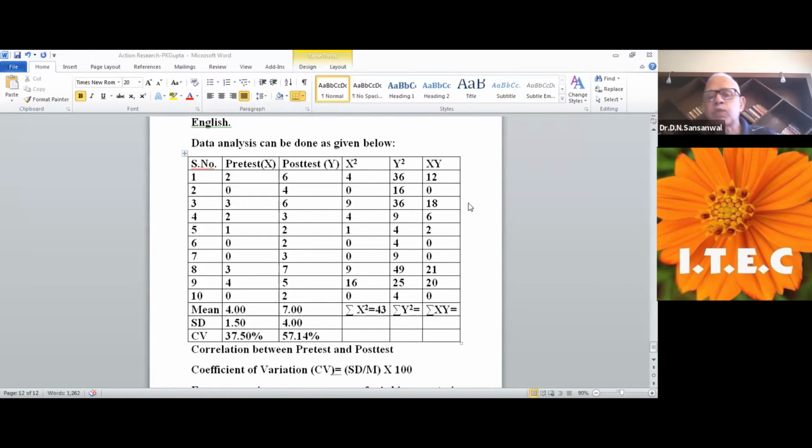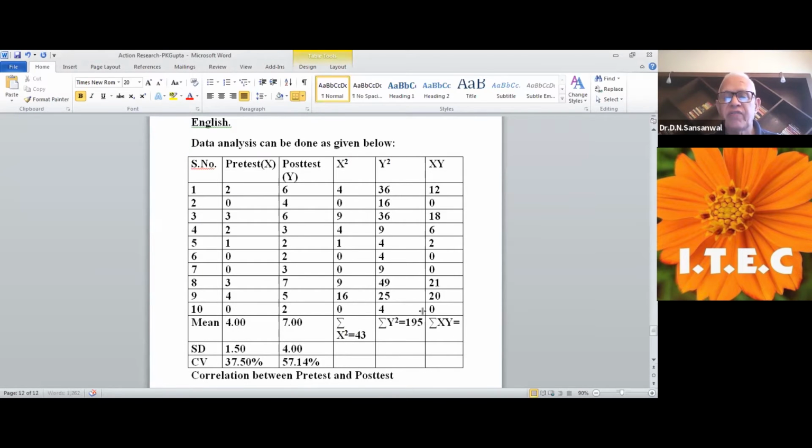I will do xy. Okay, somebody has done. Okay, y square is 195. And let us see xy.